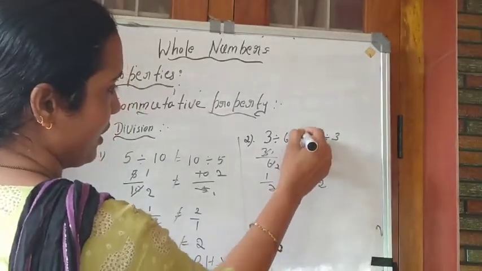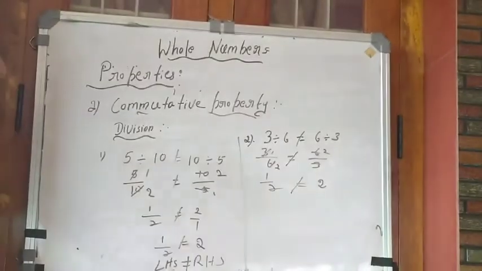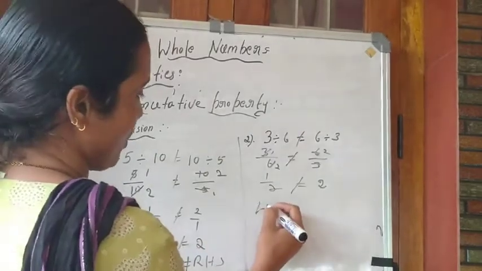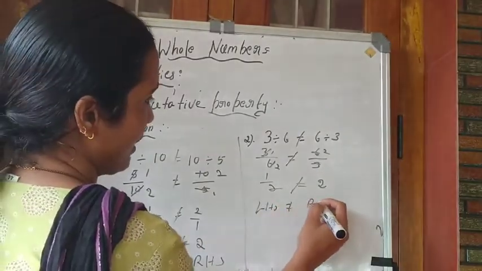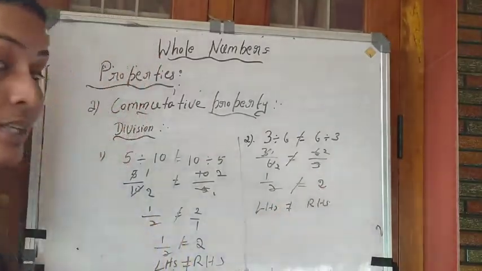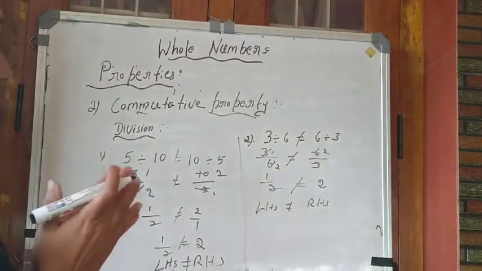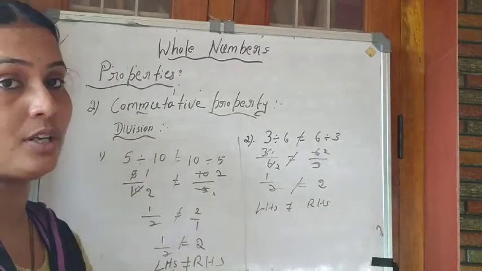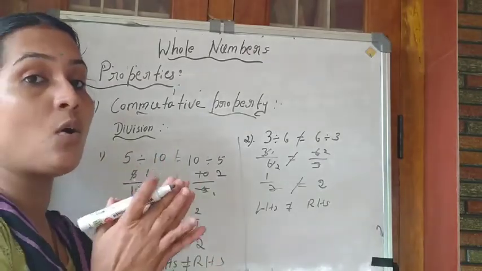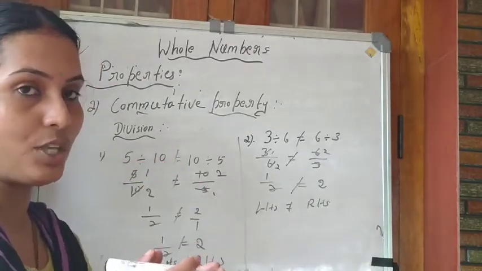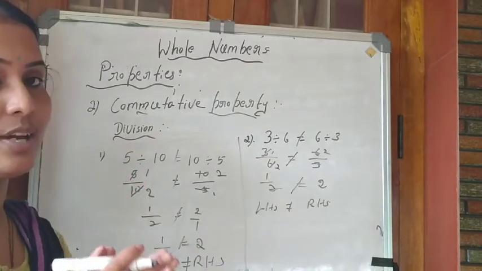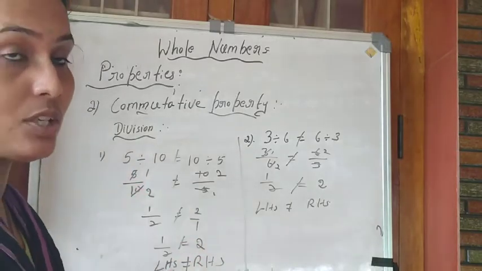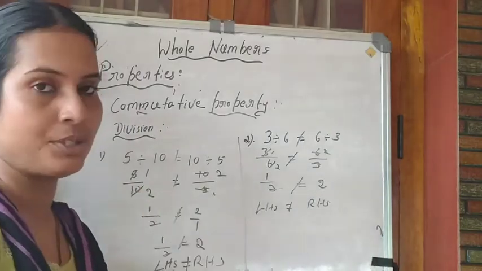So 1 by 2 is not equal to 2. So the LHS is not equal to RHS. So the conclusion is what? Commutative property does not satisfy for division of whole numbers.